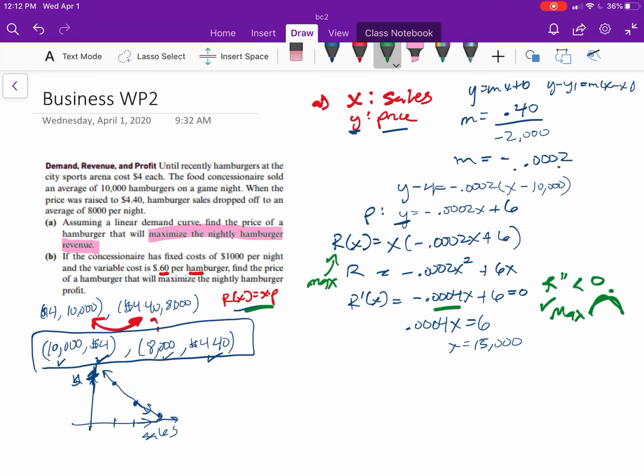Looking here as well, is there any restriction? Well, looking at this graph, I know I don't need to check endpoints because the very right endpoint here would mean the price is 0, right? Sure, I'd have a lot of sales, and I do have to restrict the domain because I can't go down to negative. So there's an endpoint, but I know it's not going to be a max by charging nothing.